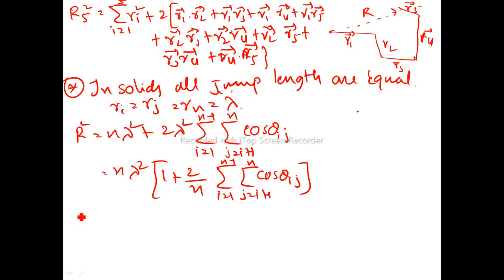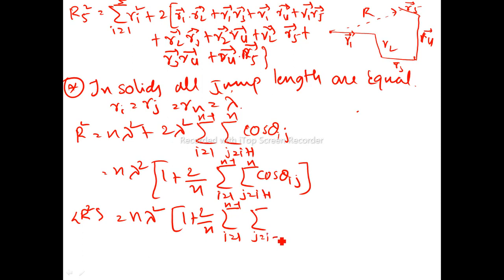Then we are taking the average of these things, because we need to calculate the average mean square displacement, not only the mean, the average of this one, over i equal to 1 to n minus 1, j equal to i plus 1 to n, cos theta ij. We are considering the average value.